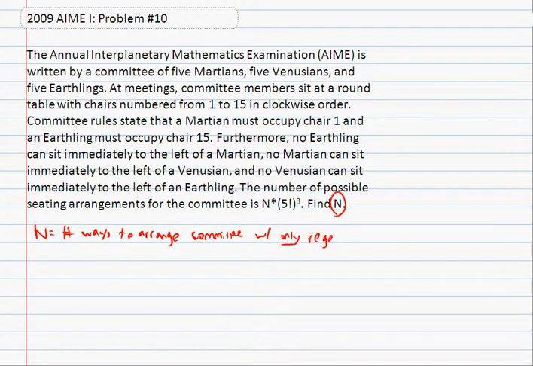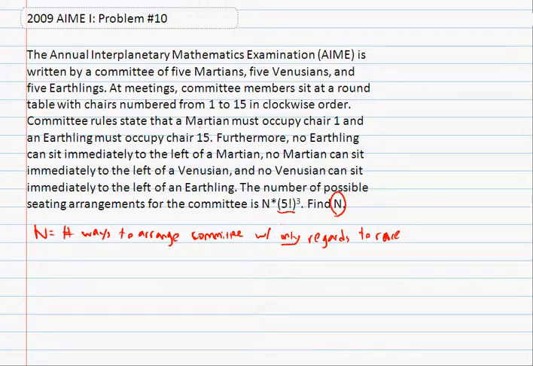The reason is that the total number of possible arrangements for the committee's individual members is n times 5 factorial cubed, and the 5 factorial cubed part represents the number of permutations within each of the separate race groups, since we have 5 of each of the races.